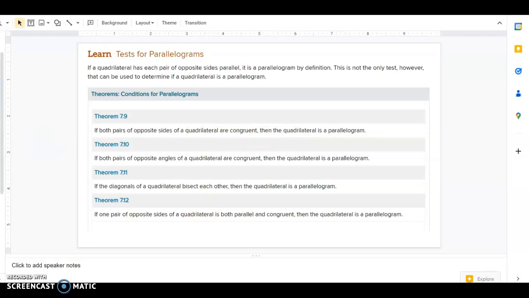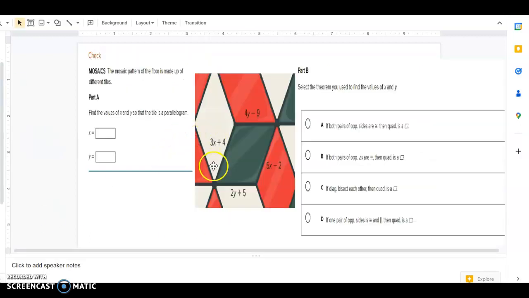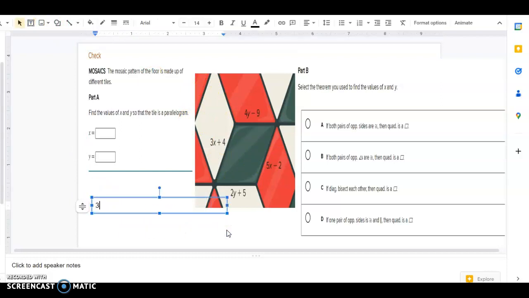So let's go look. This one would fall for this side, and this one is opposite of it. So we can solve for that. We know 3x plus 4 equals 5x minus 2. The first thing I'm going to do is add 2 to both sides.